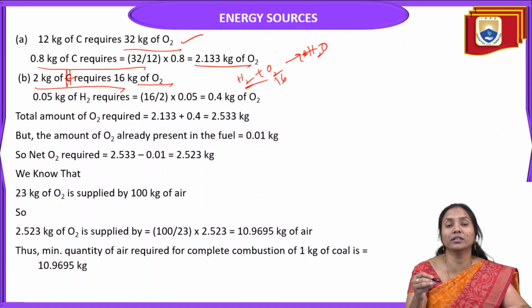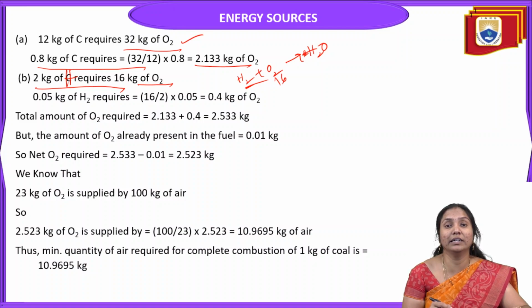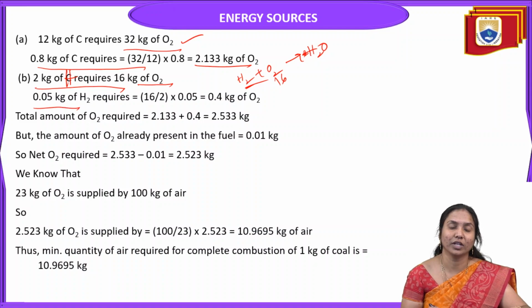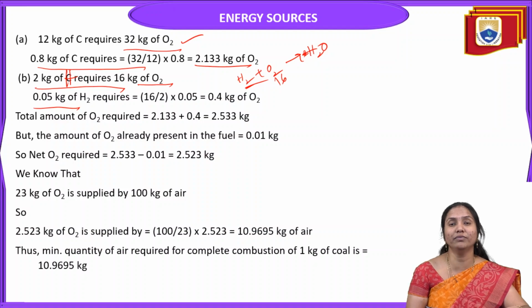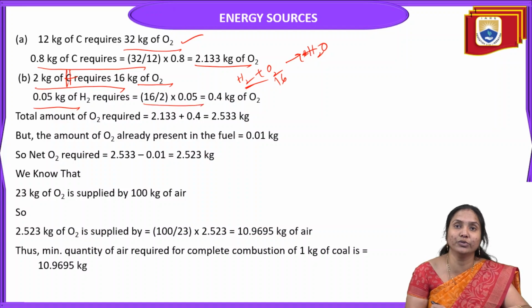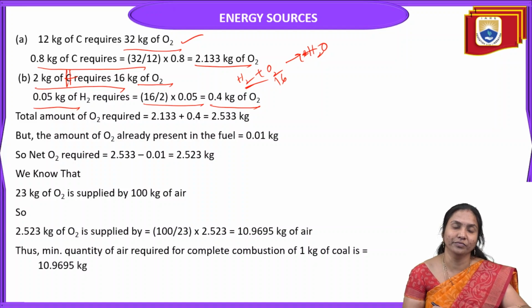In this problem, the fuel contains 0.05 kilograms of H2. So how much weight of oxygen is required? It's 16 by 2 into 0.05, which equals 0.4 kilograms of oxygen.